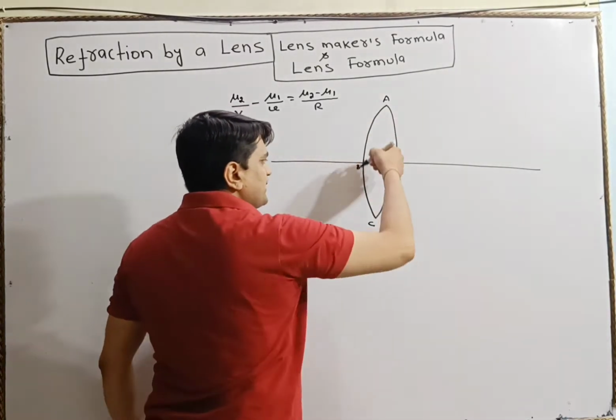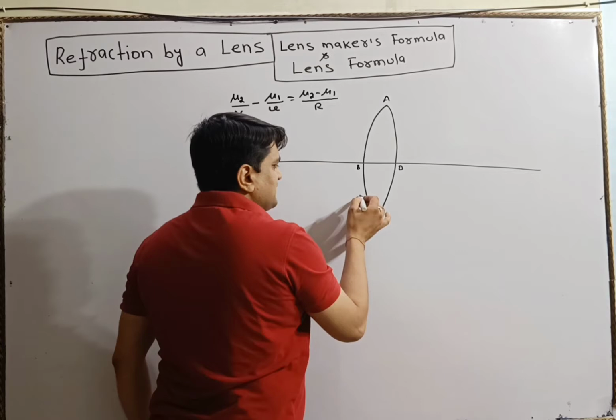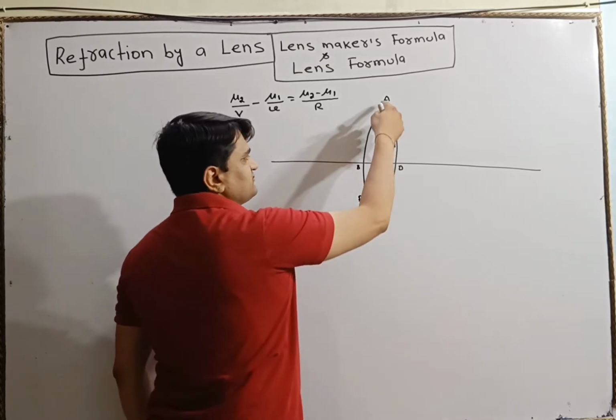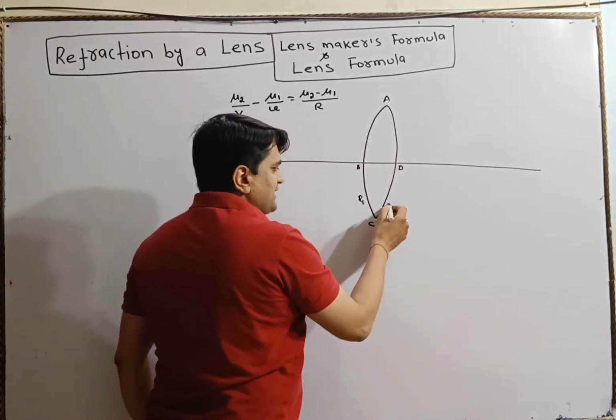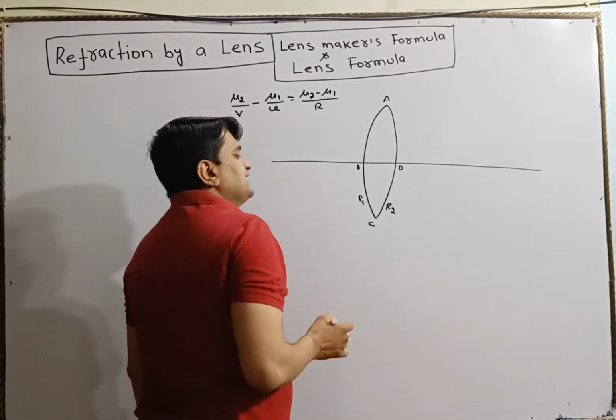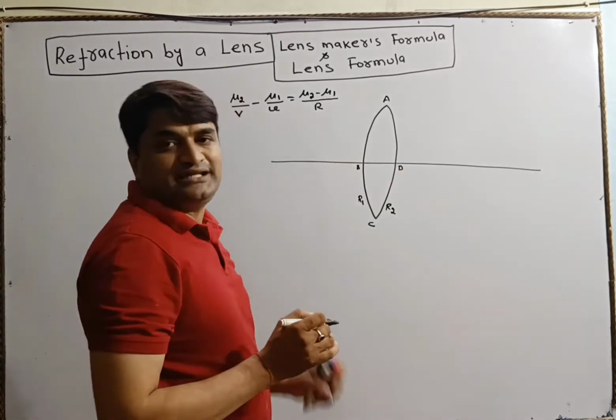Here there are two spherical surfaces. Let R1 be the radius of curvature of ABC and R2 be the radius of curvature of ADC.